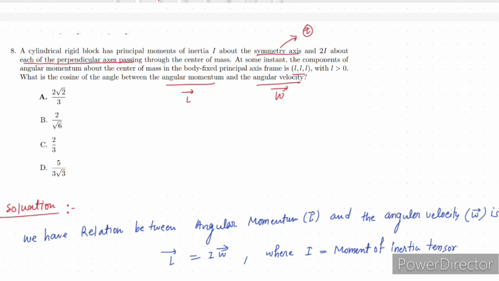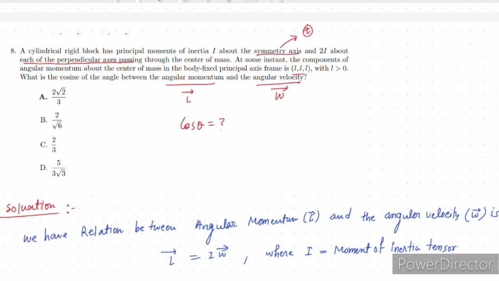The angular momentum in the body-fixed principal axis frame is L in each component: Lx equals L, Ly equals L, and Lz equals L, as mentioned in the question. They asked for the value of cos theta.